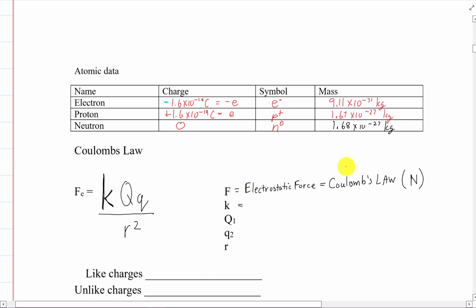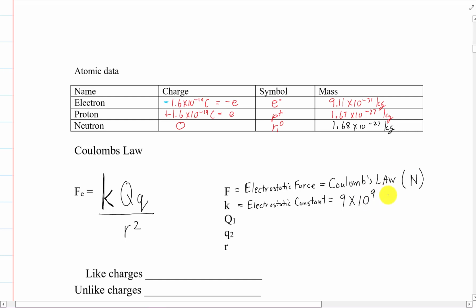K is the electrostatic constant, and its value is 9 times 10 to the ninth.